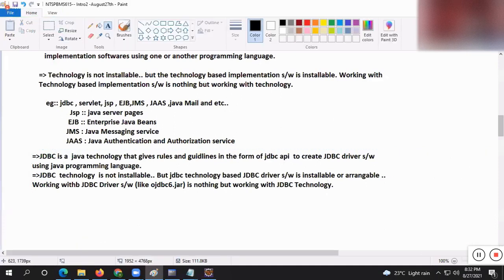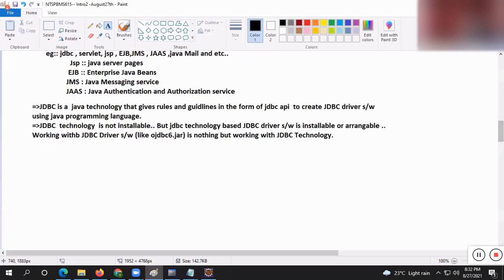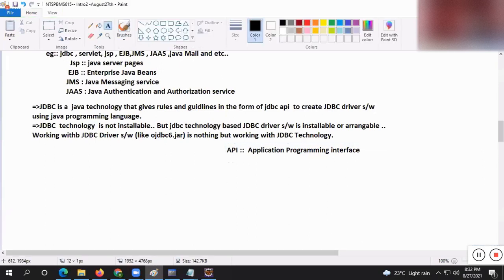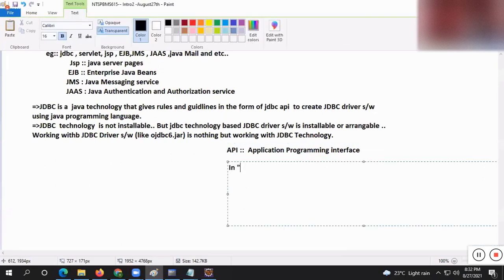In this whole discussion, I used one word called API: Application Programming Interface. Listen carefully. In C language, API means what, guys?